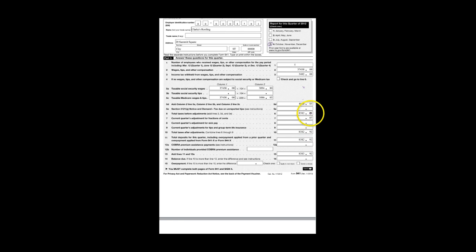And so the difference between 8382.85 and 8382.92 is 7 cents. So we're adding it. If this line 11 and 10, they're the same. If line 10 was less than line 6, then this would be basically a negative number.